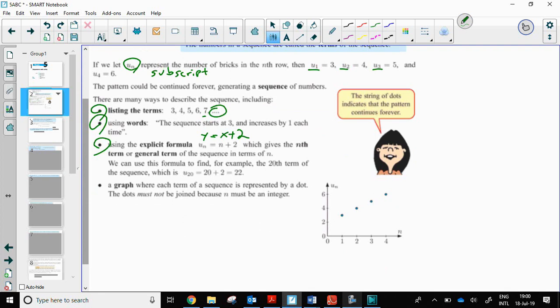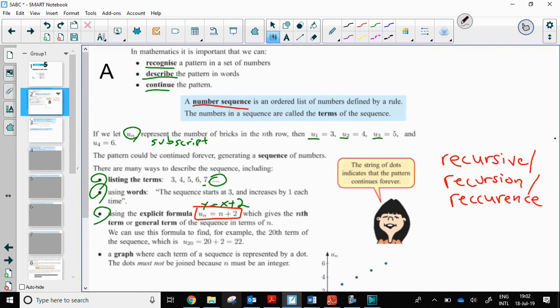Now, one more note about formulas. This example here is an explicit formula, which is great. I mean, that's really the best one. That's what we want. There is, however, a different type of formula which goes by a few different names, and all that does is it tells you what a particular term is, but based upon the term that came before it.